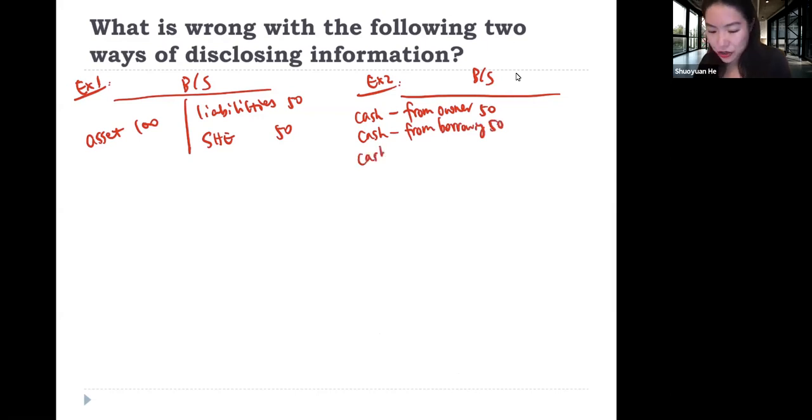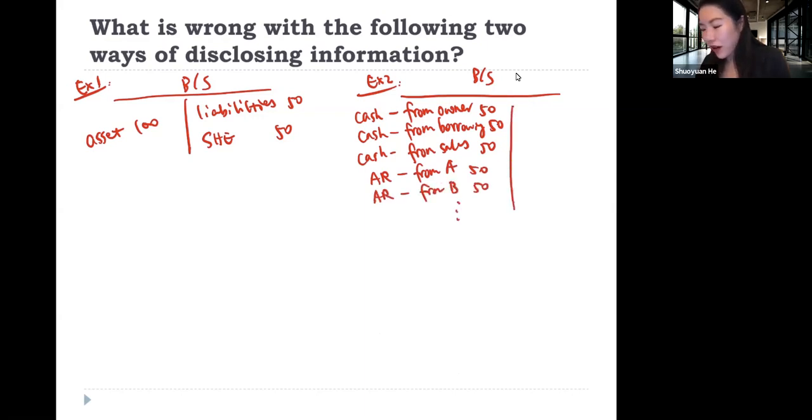I have cash from sales 50. I have accounts receivable from person A 50. I have accounts receivable from person B 50, and then it can go on and on.